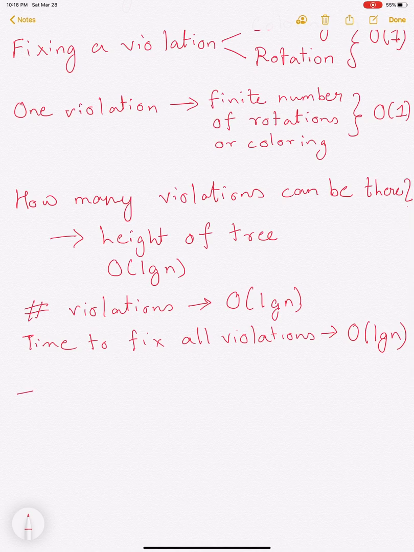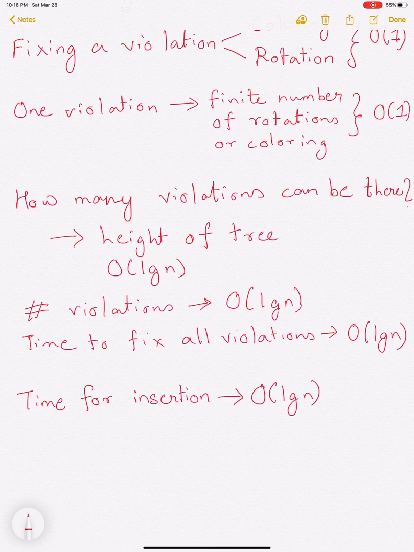Therefore, time for insertion. You have to first take the time that you need to insert a node into a red-black tree, which is the same as inserting a node in any balanced tree. And as the height of the tree is log n, the insertion is going to take O of log n. Now, once you insert a node in the red-black tree, the height is not going to remain balanced. So we'll have to rebalance this tree.